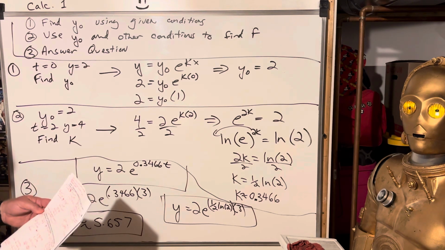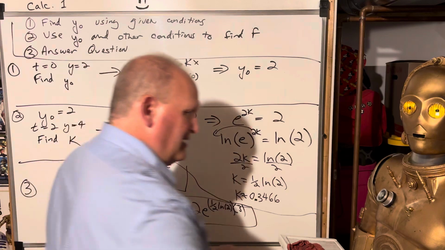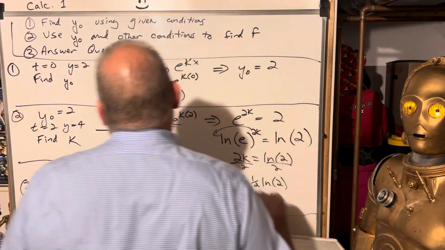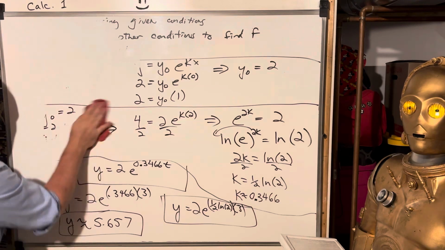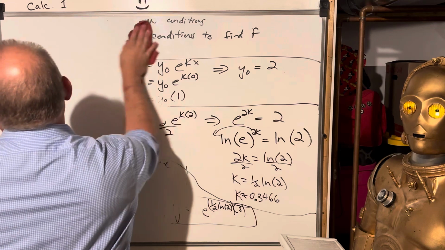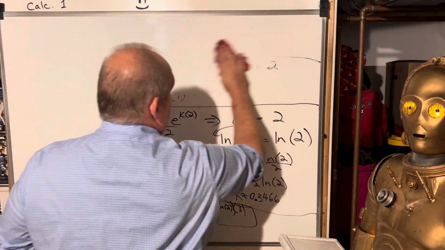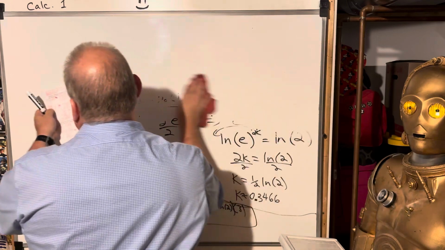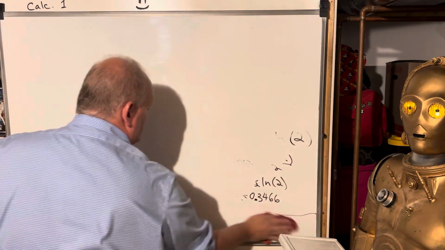Okay. Let's look at the second one on page 6. So we're on page 6 of the notes. Suppose that 8 grams of radium. Oh, this is a kind of depressing real life problem. So how long does it take 8 grams of radium to become 1 gram of radium? If it's got a half-life of 1,599 years.